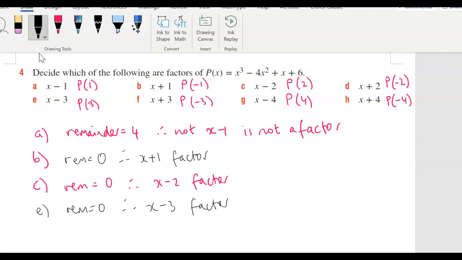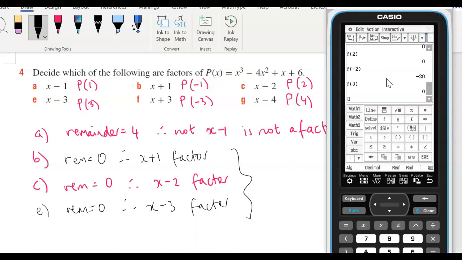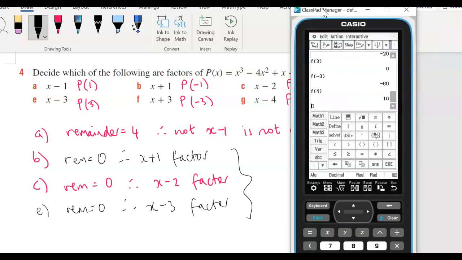Now we have our 3, so you're only going to have 3 factors, but let's show that the other 3 in the question are not going to work. So f of -3 for question F, f of 4 for question G, and f of -4 for the last one.